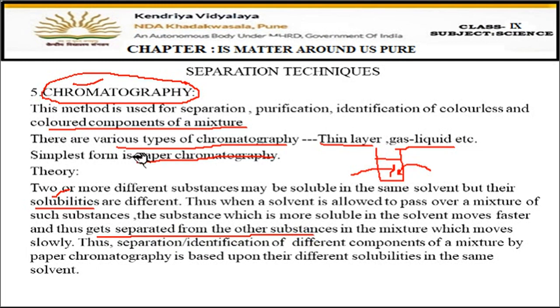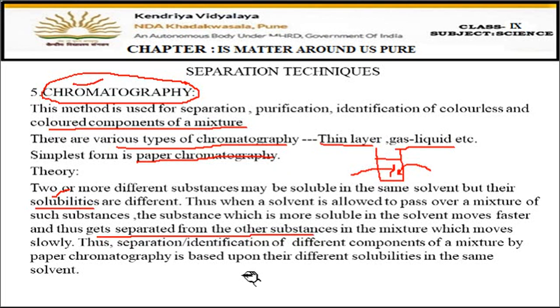So in the chromatography technique, students, what is done? A mixture is taken on the chromatography paper, and when water is allowed to move through that chromatographic paper, the component which is more soluble in water will move along with the water and go up to a great distance.